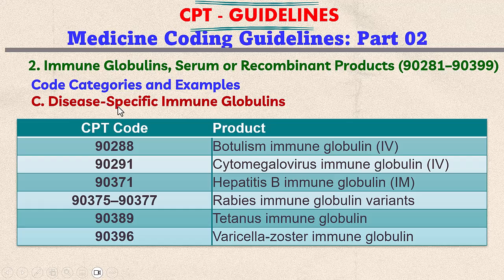The third category is disease-specific immune globulins: 90288 for botulism immune globulin, 90291 for cytomegalovirus immune globulin, 90371 for hepatitis B, 90375 to 90377 for rabies immune globulin variants, 90389 for tetanus immune globulin, and 90396 for varicella zoster immune globulin. You can read the full code description in your code book.